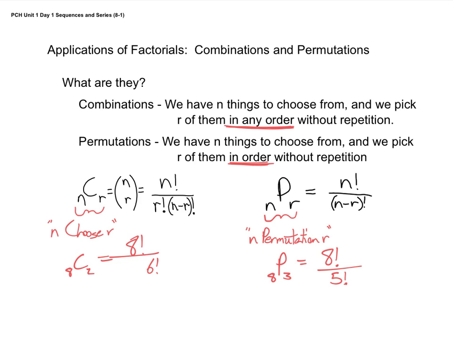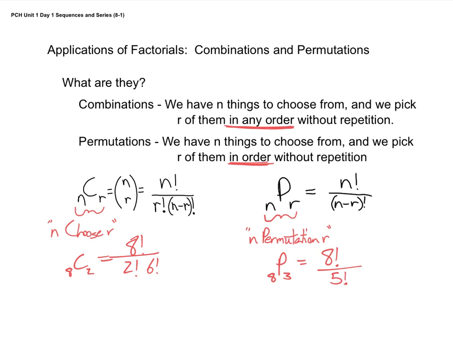So we divide now by, in this case, the 2 factorial, that r factorial. That gets rid of the different arrangements of those 2 people. Okay? And we're going to revisit this in Unit 2, but I just want you to see kind of how this is used in at least one application. Okay?